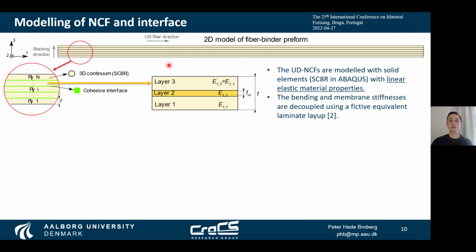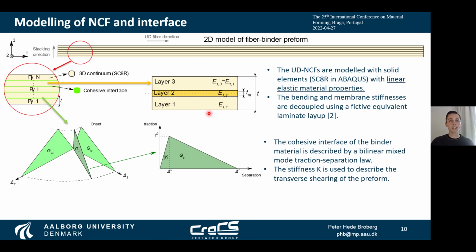And then we have modeled the non-crimp fabric with this equivalent 3-layer laminate layup to decouple the bending and membrane stiffness. And in this layup we have a stiff and thin middle layer, which is used to represent the membrane stiffness of the fabric. And then we have these two compliant outer layers that are used to represent the bending stiffness of the fabric.